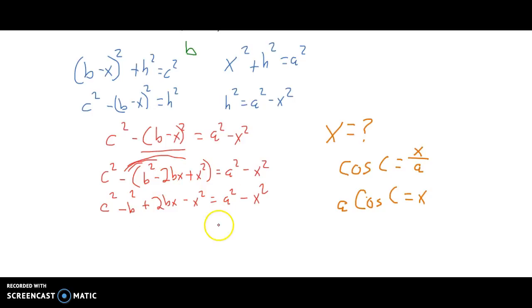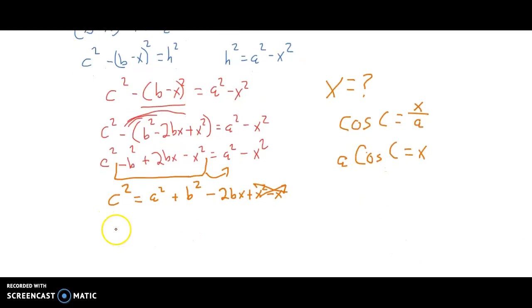Now I'm going to move all of this over to the other side so that I get c squared by itself. So c squared is equal to a squared plus b squared minus 2bx plus x squared minus x squared. We've got an x squared and x squared, so when I add this x squared to both sides, these cancel out.